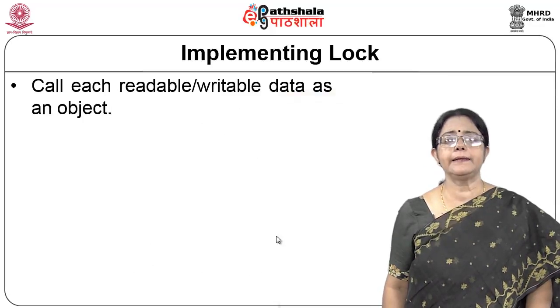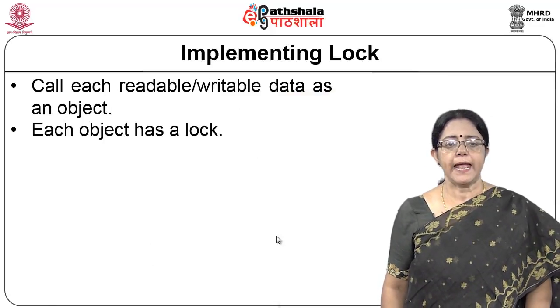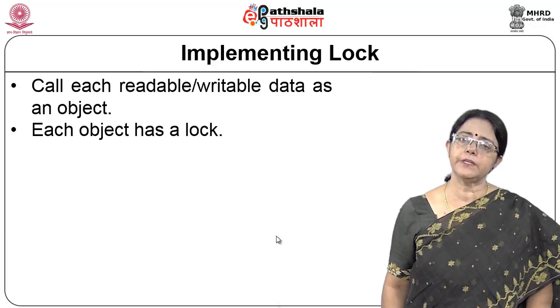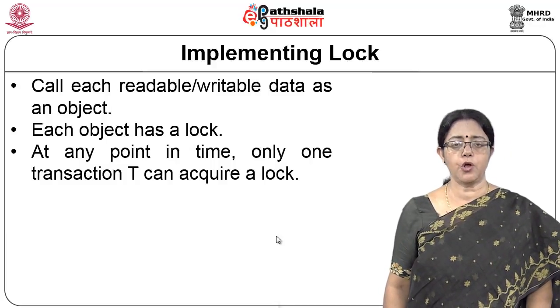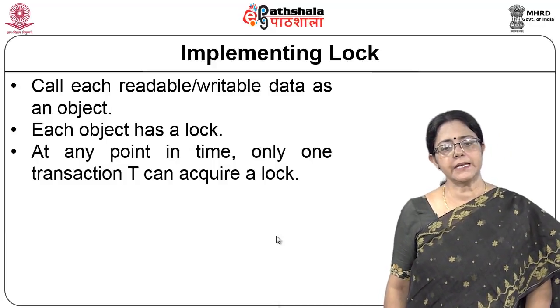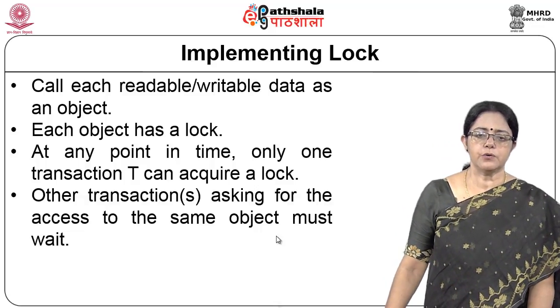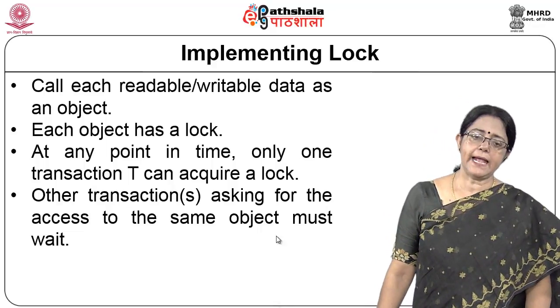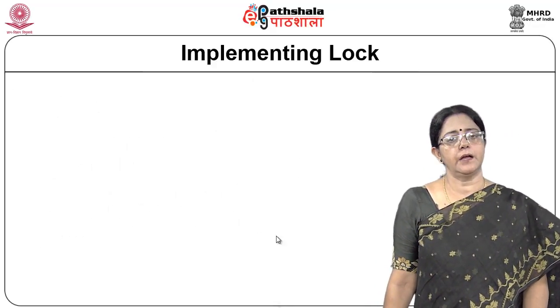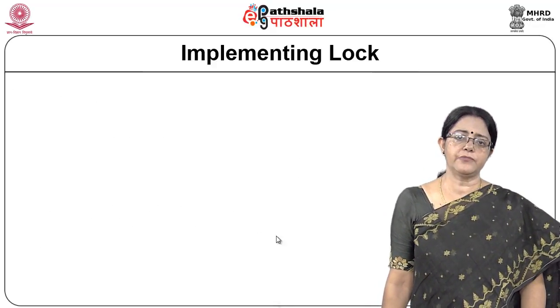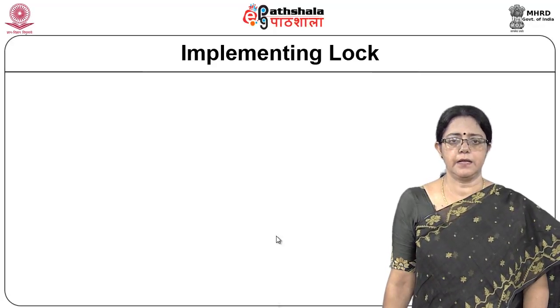We call the data item an object, and each object we provide with the ability to lock it. At any point in time, only one transaction is allowed to put a lock. So, other transactions will wait and will be given access only after the first transaction has finished.